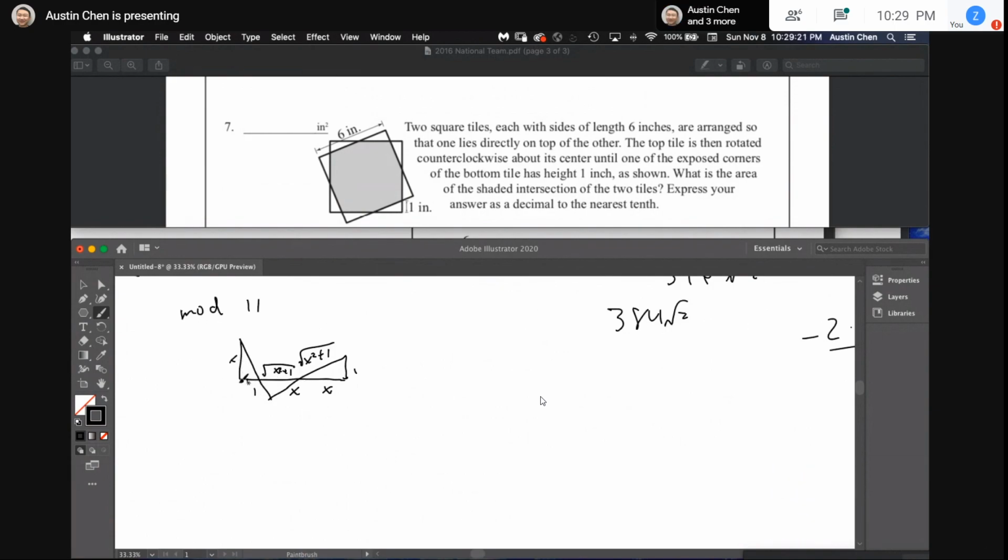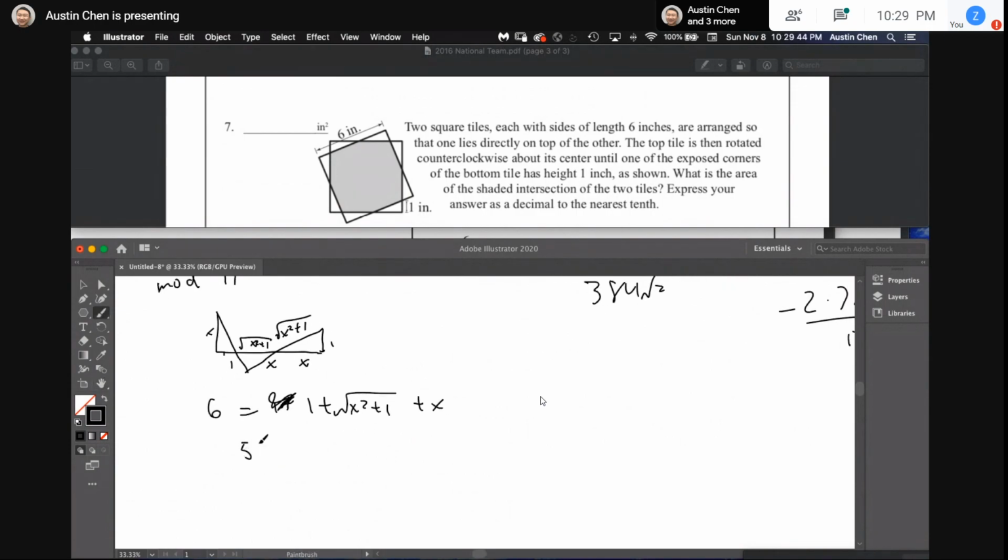Okay, so we know the side length is 6, right? So we can set up an equation. We could say 6 equals 1 plus root X squared plus 1 plus X. Wait, why do I have another one? It should just be this, because that's just the entire side, right? So then we have 5 minus x equals root x squared plus 1.